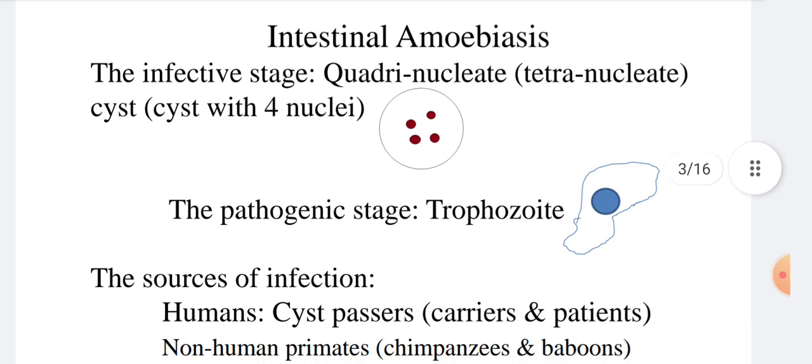Intestinal amoebiasis. The infective stage is the quadrinucleate or tetranucleate cyst. They are the same. Quadrinucleate cyst, that is to say cyst with 4 nuclei, as you see in the upper figure. The pathogenic stage is the trophozoite.